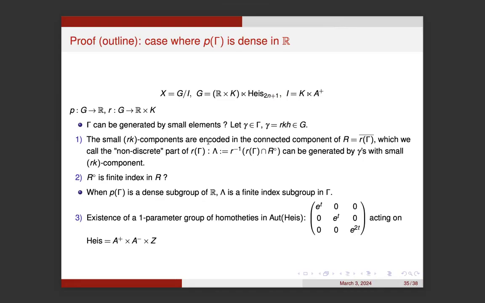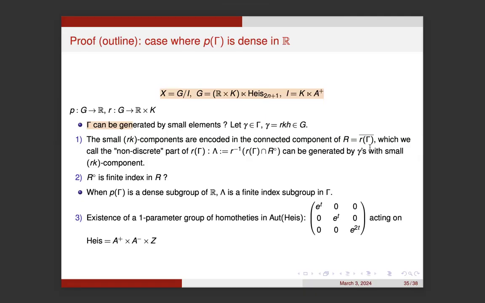First, I will care about the RK component. Can I find generators of gamma with small RK component? To capture this RK component, I will project into R times K. I define R of gamma.